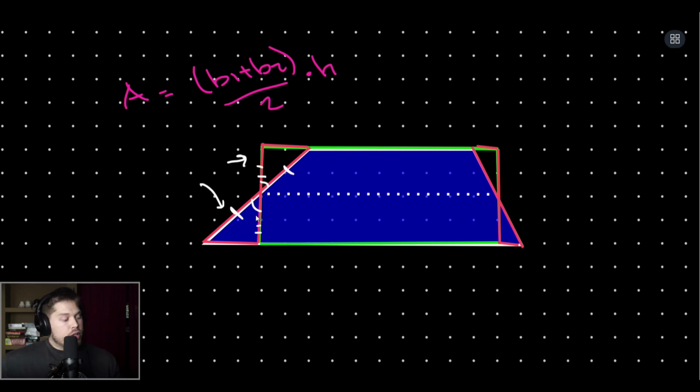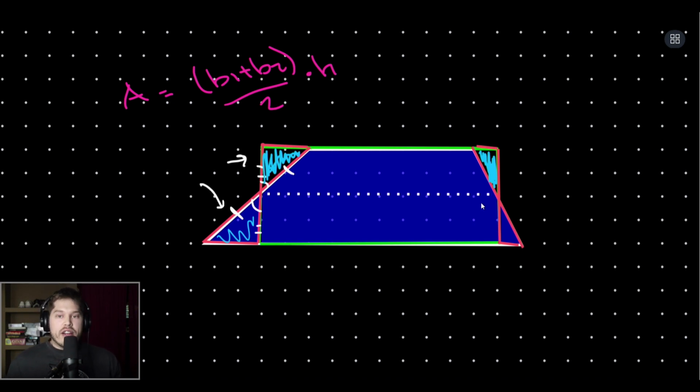Because these triangles are congruent, you can maybe imagine flipping this blue triangle up and filling it in here for this area. And we can do the same logic on the right hand side and fill in this area here. So we kind of shifted our shape from a trapezoid to a rectangle.